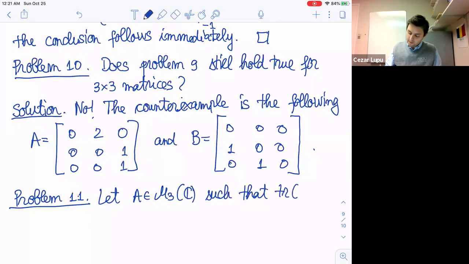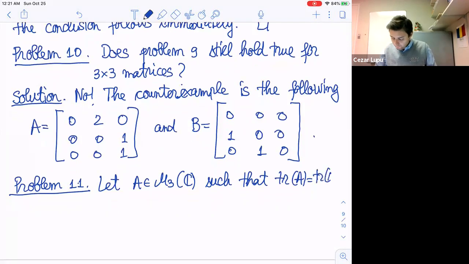trace of A is the same as trace of A squared, and it's 0. We have seen this condition before, so this will imply something, but anyway, we'll see what it will imply.